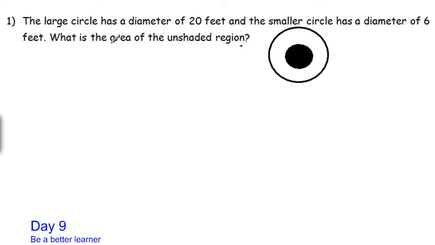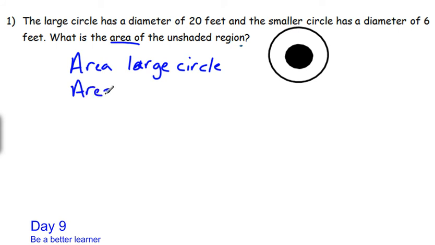Well, since we're talking about area, we know we're going to need the area of the whole thing. So we're going to need the area of the large circle. And we're also going to need the area of the smaller circle inside of it. And then we just have to think, what can we do with those two numbers?